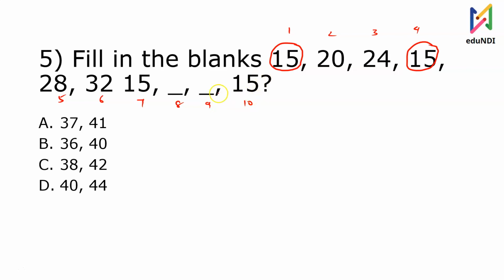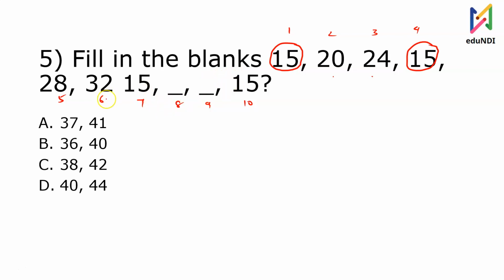So in all probabilities, rather, that's the best way, okay? You don't have to worry about 15 at all. Worry about the numbers here, 20, 24, 28, 32, right? Let's not worry about 15, right? Because it's just getting repeated. Probably it's a distraction for you, that's all.